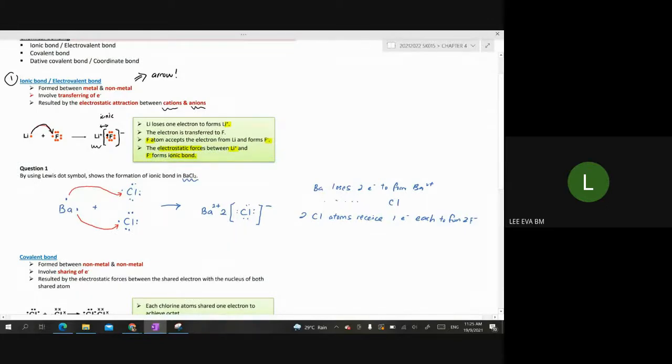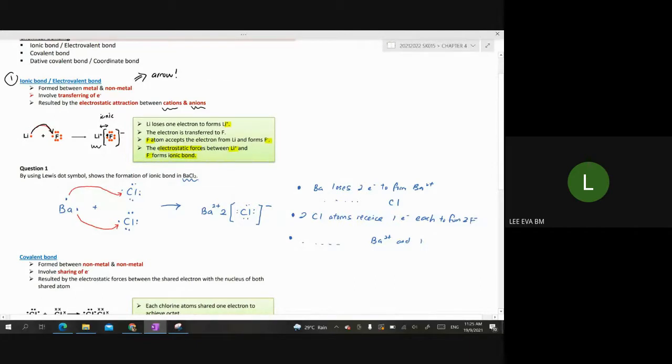Okay, to form 2 chloride ion. So that is the required 3 main points. Metal forming cation, non-metal forming anion, and then what is the forces in between? So electrostatic forces between Ba2 plus and also Cl minus.